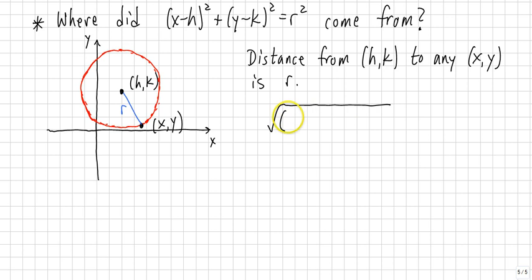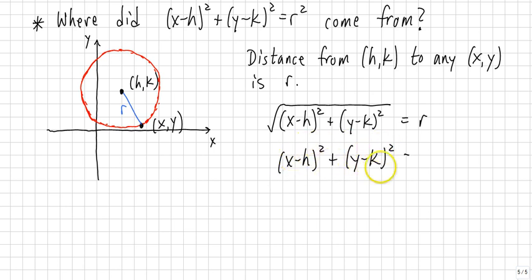We subtract the x coordinates and square them. We subtract the y coordinates and square them. And then that equals our distance. But for this circle, according to the definition, that distance is r. And then if we want, we can get rid of our square root, our radical, by squaring both sides. So if I square both sides, I end up with the standard form for a circle.